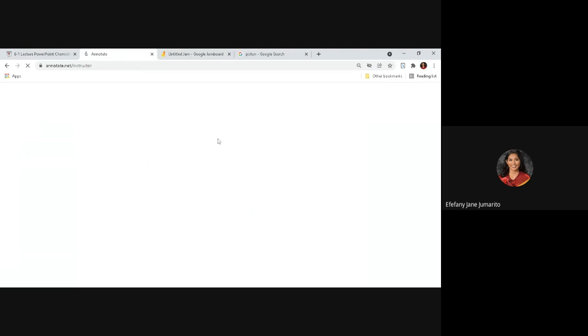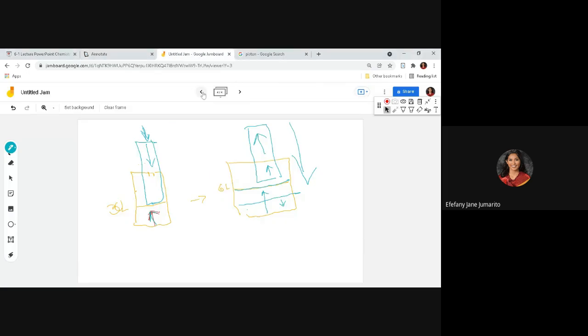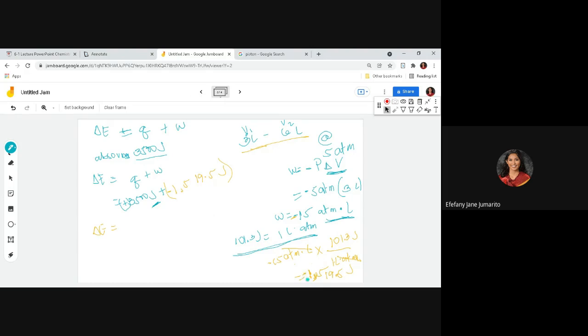Now, going back here, that's why work is negative. Work is equal to negative 1,519.5 joules. So the energy is equal to 1980.5 joules.